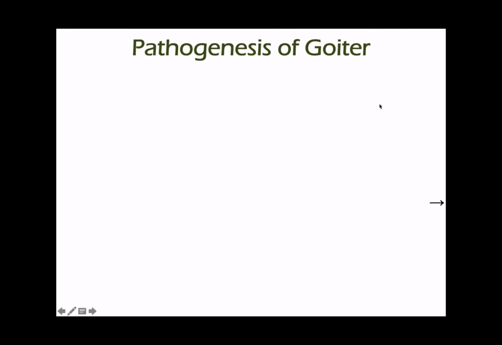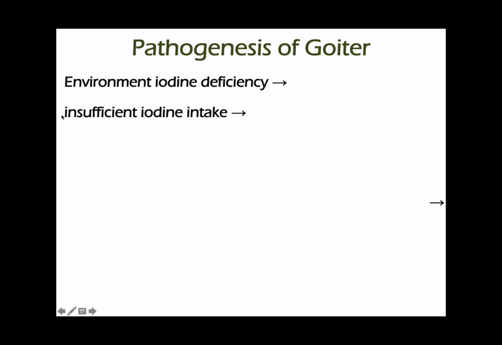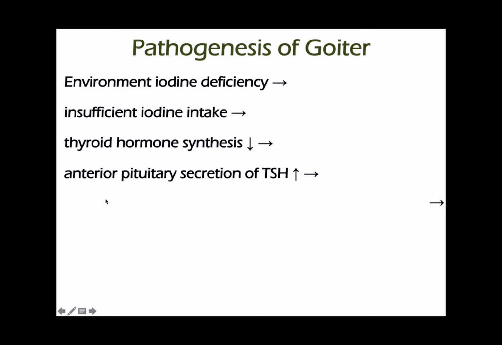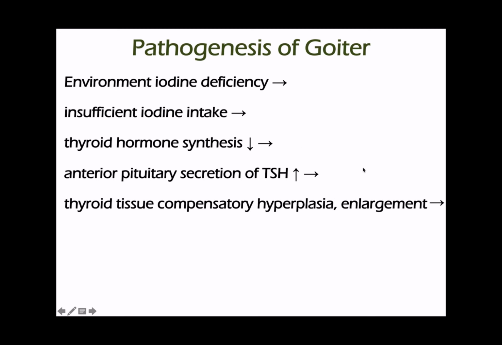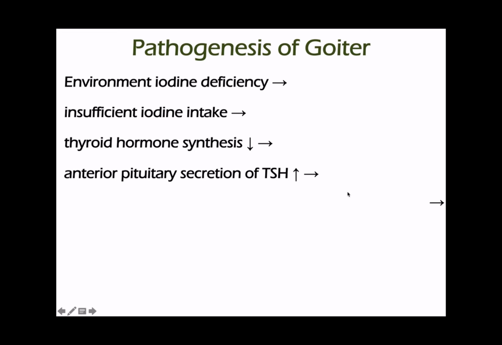So let's now look at the pathogenesis of goiter. First of all, environmental iodine deficiency is found, resulting in insufficient iodine intake, so thyroid hormone synthesis is reduced. The anterior pituitary secretion of TSH, thyroid stimulating hormone, will increase because there is a negative feedback trying to compensate by stimulating more thyroid hormone synthesis.